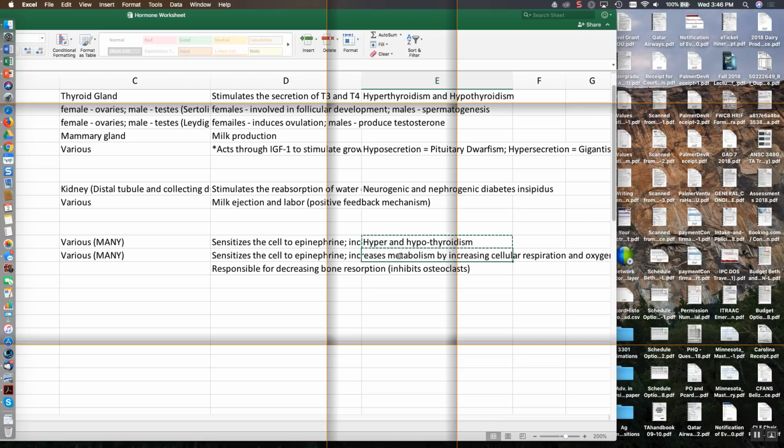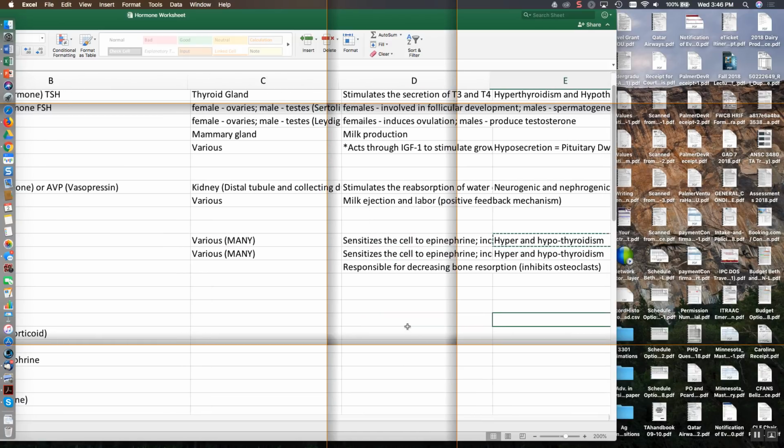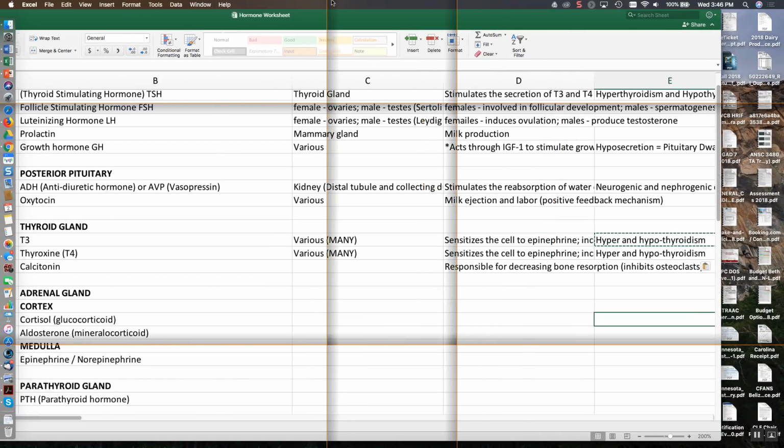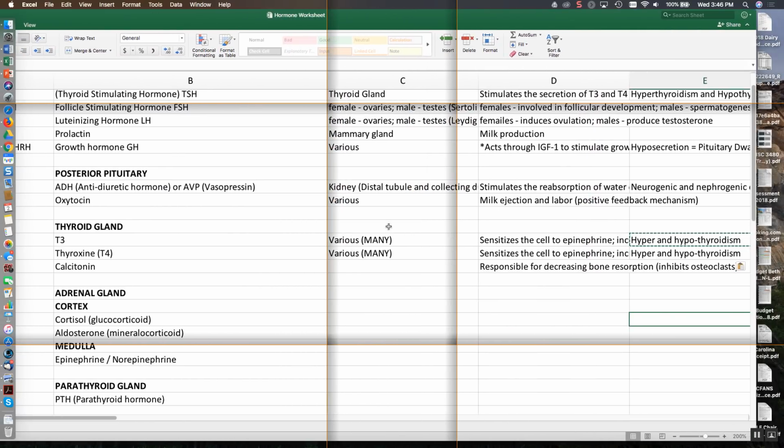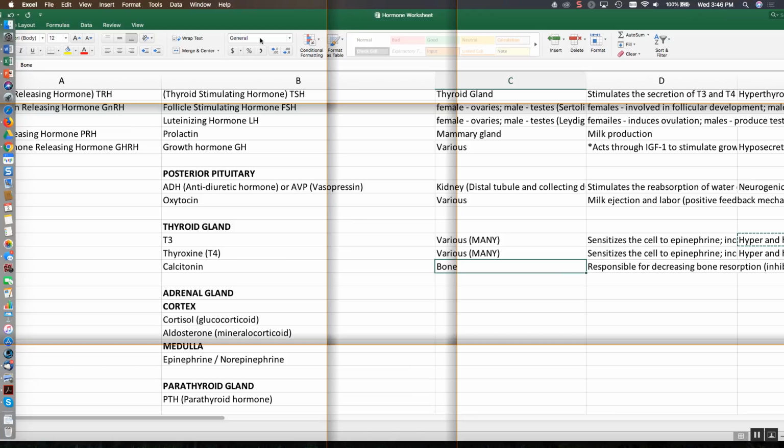Okay, so again, moving right along, calcitonin. I would say bone. In fact, if we want to be more specific, we can say osteoclasts. Oh, here's a good one. Osteoclasts.